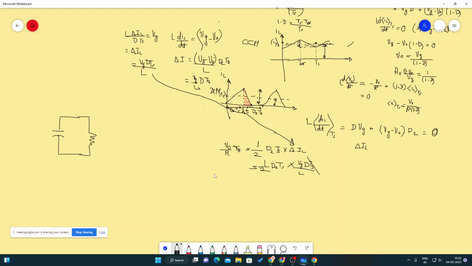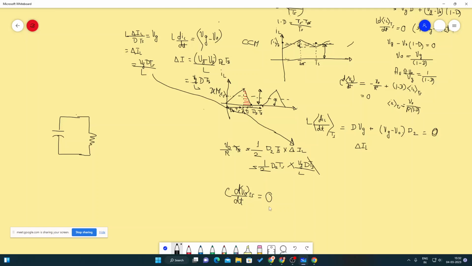So tell me one thing. What I have said is that the capacitor is so large that the output voltage will almost be constant, meaning I can say dV out by dt averaged over Ts under steady state is 0.